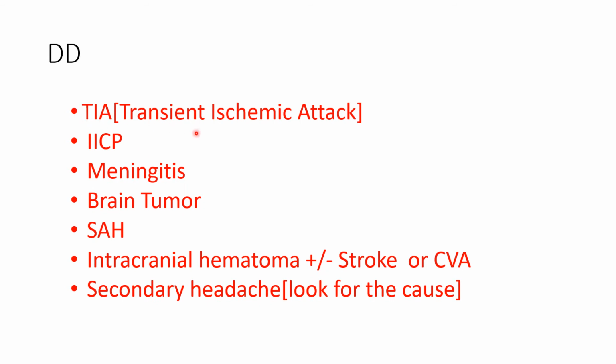It might be transient ischemic attack or increased intracranial pressure. It may be meningitis, might be brain tumor, might be subarachnoid hemorrhage, might be intracranial hematoma with or without stroke, otherwise known as cerebrovascular accident. And might be secondary hemorrhage from what? From all this and even more. We have to look for the cause.